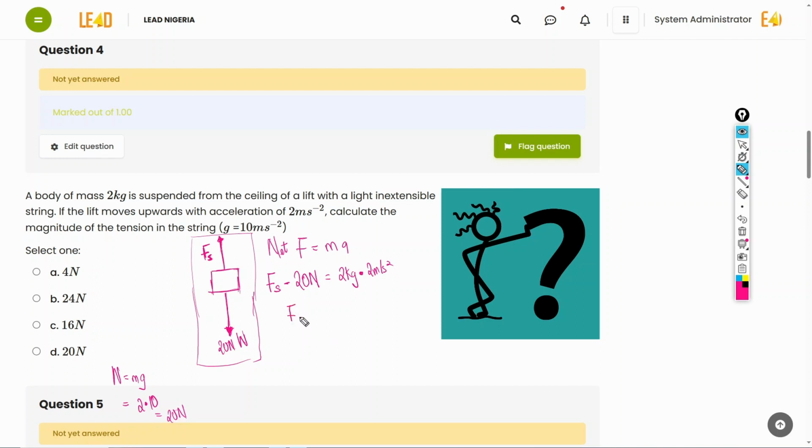That means that Fs would be equal to 4 plus 20. Fs is equal to 24 newtons, right? That's option B.